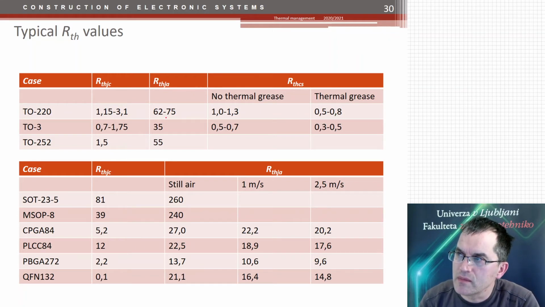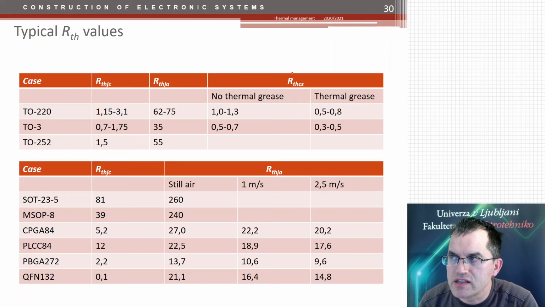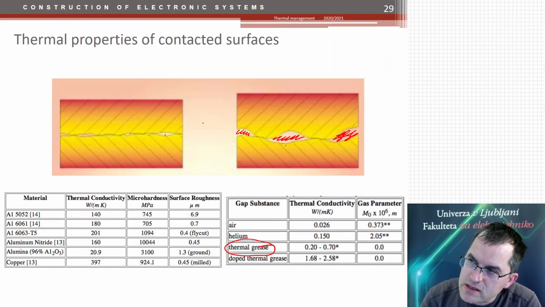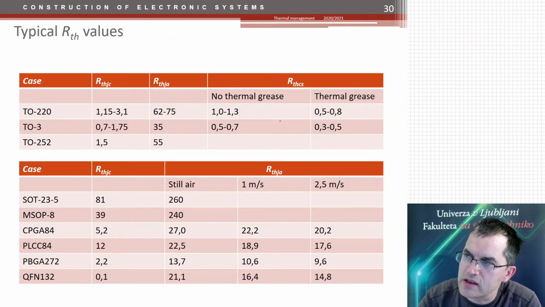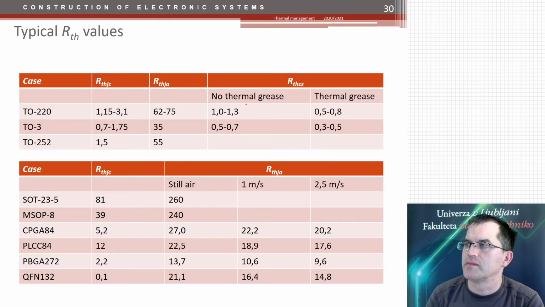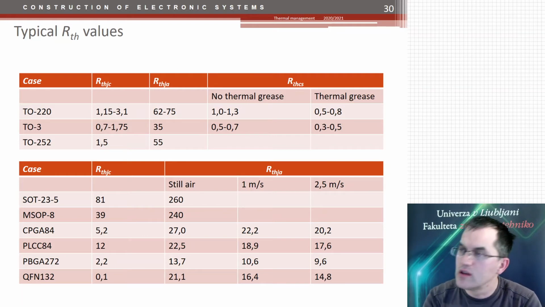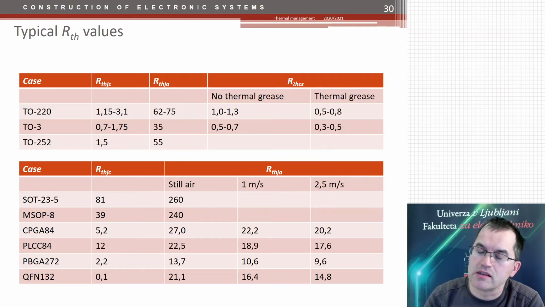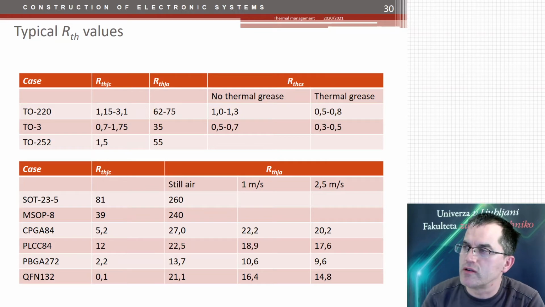And here are the thermal resistances of these interfaces if you add thermal grease or if you don't add it. So these are all values you can choose or take as orientation values for your designs.